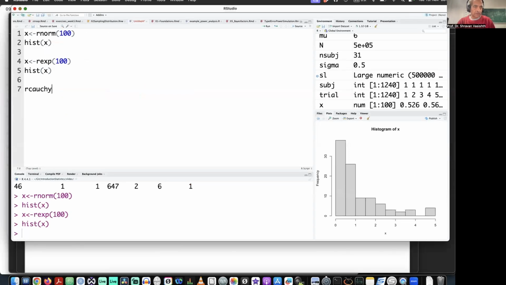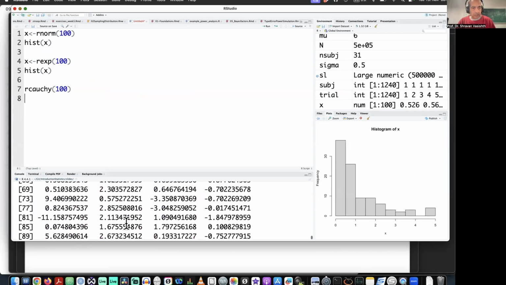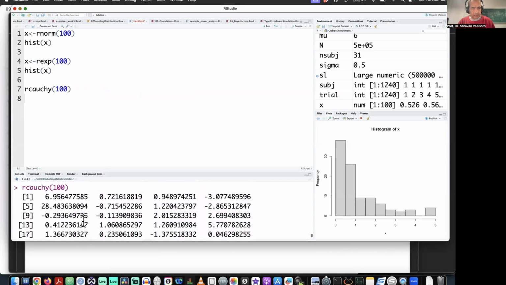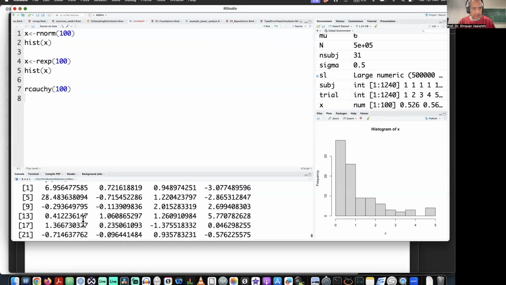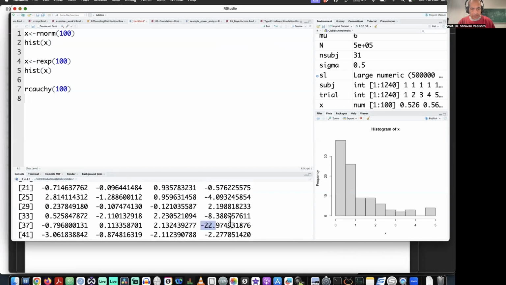So if I take samples from the Cauchy distribution, it'll have wildly varying numbers. You see that? It's very different from the standard normal. Most of the values are near zero, but occasionally you'll get really large numbers here. You see that there, right? So you'll get very wild numbers in this distribution, and the mathematical properties of the Cauchy distribution are that it has no mean and variance defined for it.